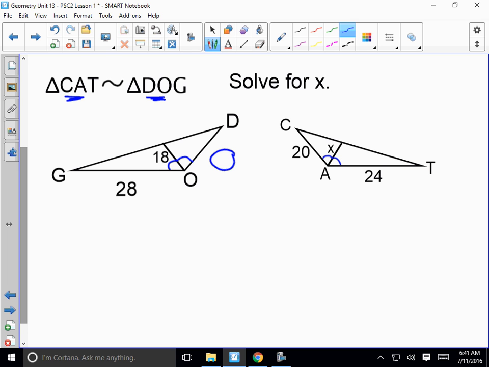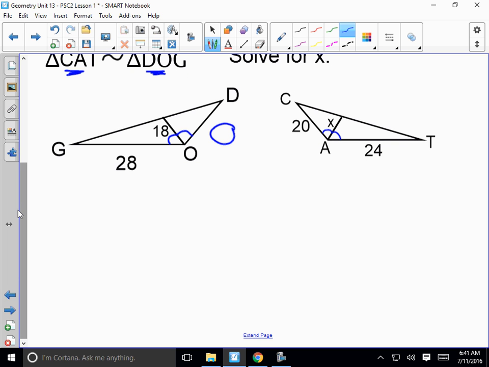There's nothing there, so I can't use that length. But now if I use the length AT, which is 24, I can match that up with OG from the other triangle. So if I'm trying to solve for x, I would have x over 24 equals 18 over 28. Make sure that you're lining up the pieces properly.